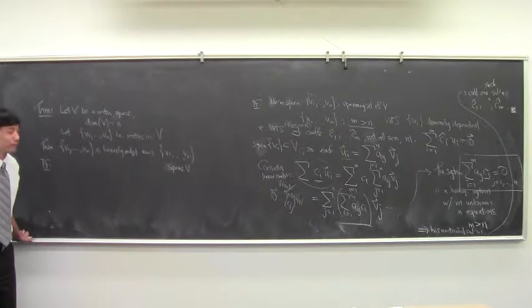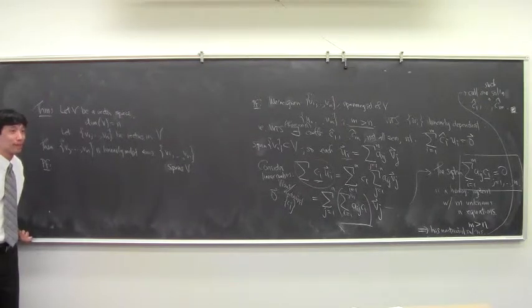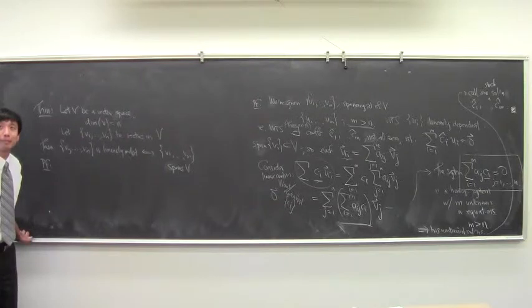What I did was, the dimension is n, which means the number of elements in the basis is n. A basis is linearly independent and spans V. So if this is linearly independent, then it has to be all of them.